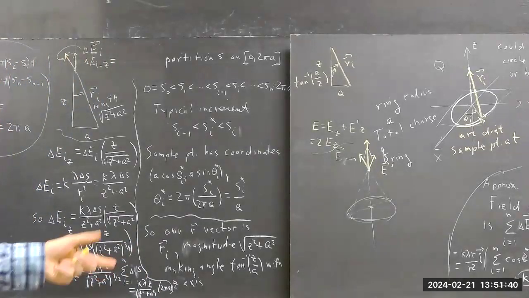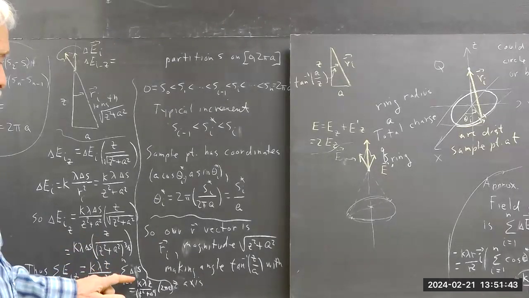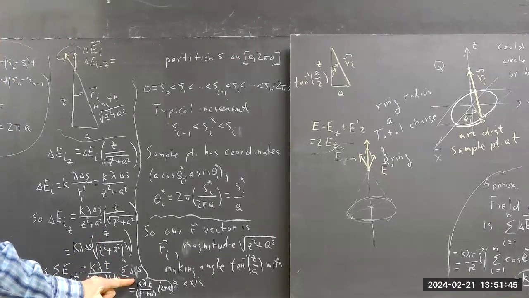If not, we do a limiting argument and we still find that our delta S's add up to 2 pi a. We don't even need a limiting argument to do that.